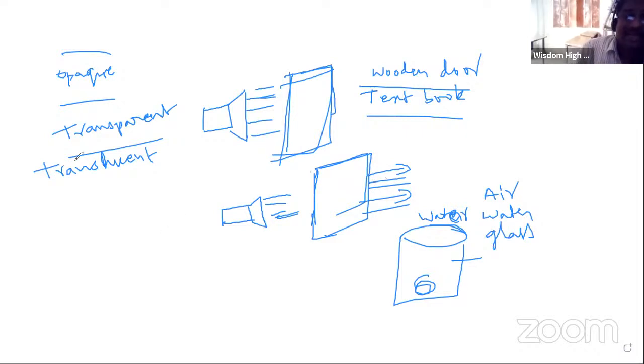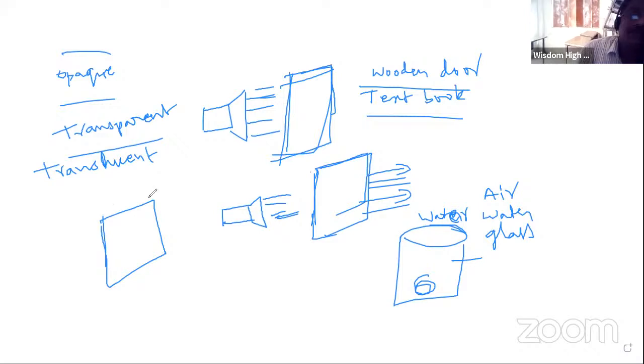Next, translucent. For example, dear children, concentrate here. Here, paper is there. Paper is an opaque body, you know. It cannot allow light rays to propagate from one side to the other through this paper.